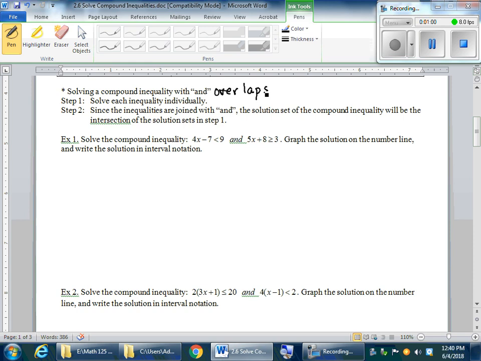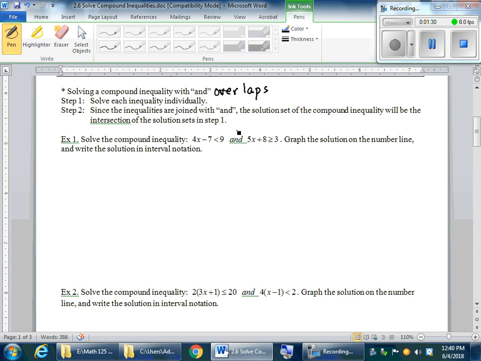If you look at the strategy, step one, we solve each inequality individually, separately, and then we collect the answer by looking at where they overlap. When you are on a test or doing a homework problem, it's very important to notice what kind of compound inequality statement the question is asking for.